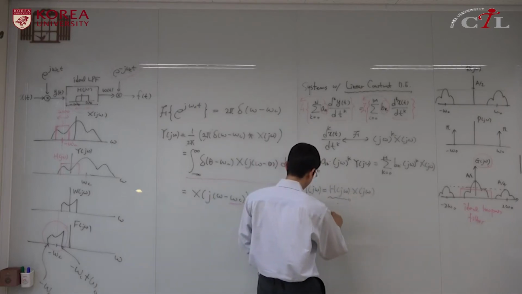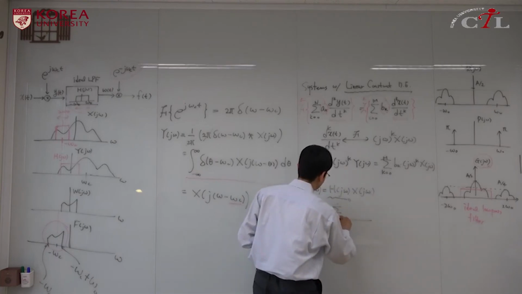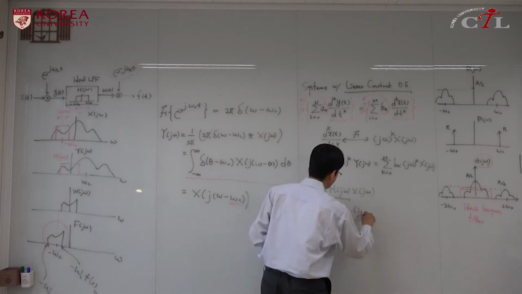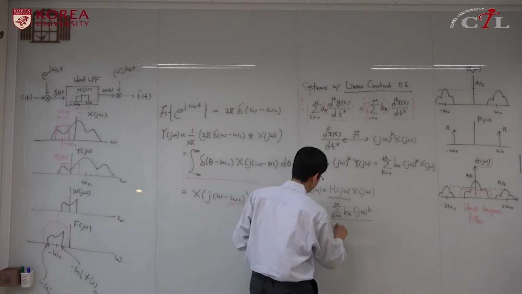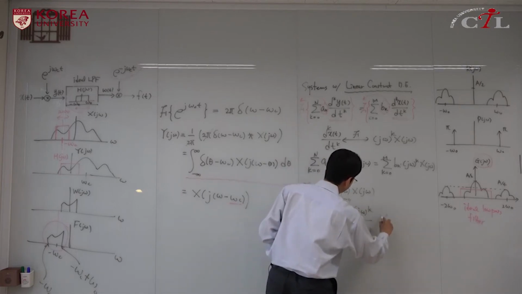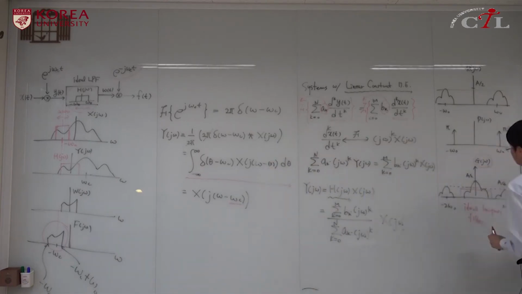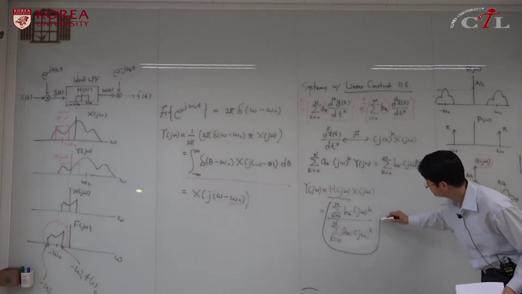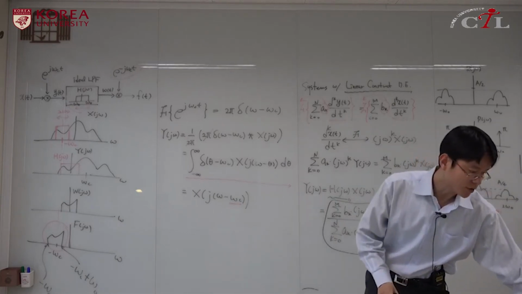And it will be simply given by the sum from 0 to m of b_k (jω)^k divided by the sum from 0 to n of a_k (jω)^k. Okay, this is the transfer function for any linear constant coefficient differential equation.